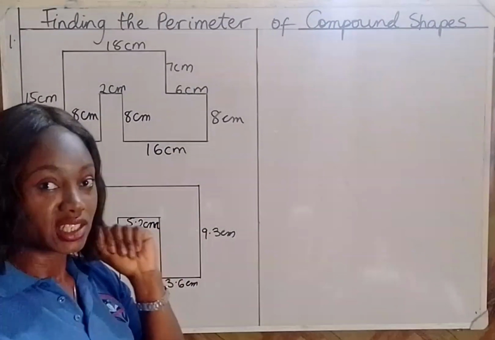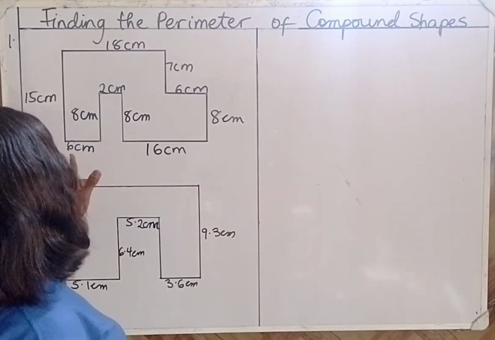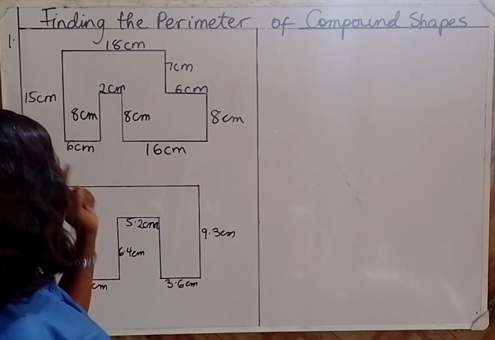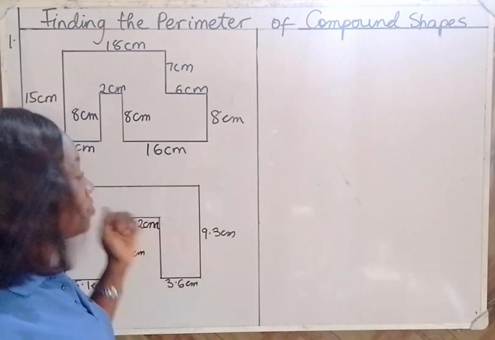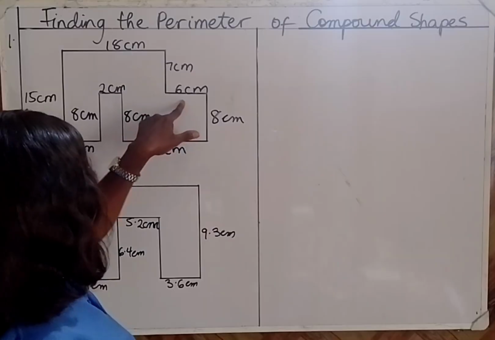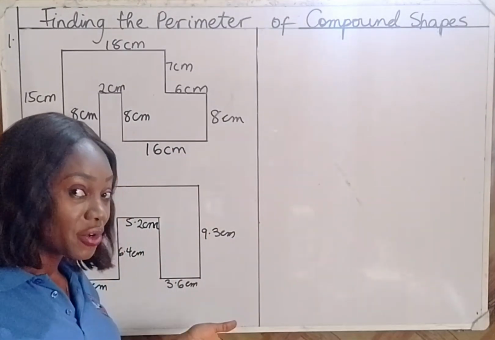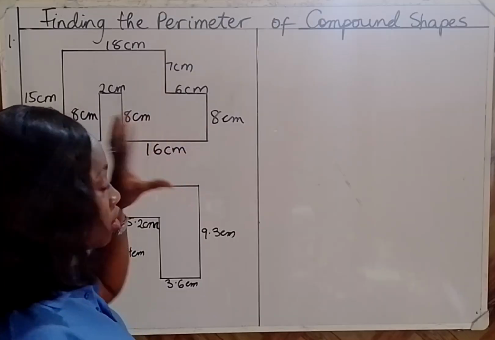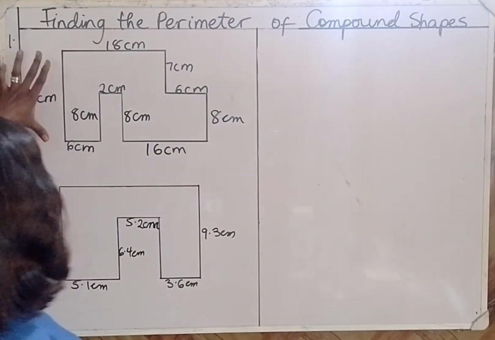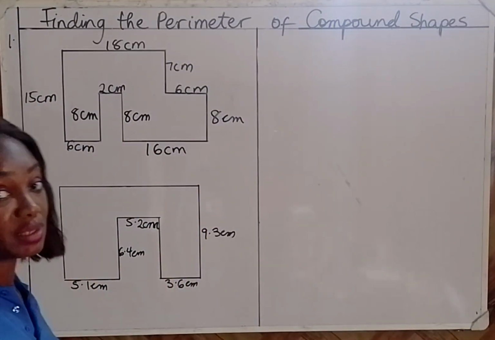Now let's do the calculation and see if we're going to get 24 centimeters. 6 plus 2 is 8. 8 plus 16 is 24 centimeters. And 18 plus 6 is also 24 centimeters. Now 7 plus 8 here for the full length equals 15 centimeters, and the whole length of this equals 15 centimeters.